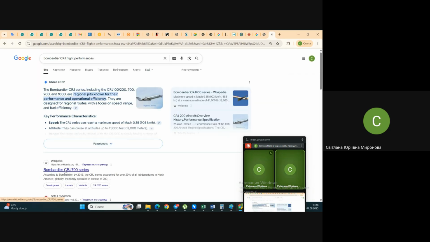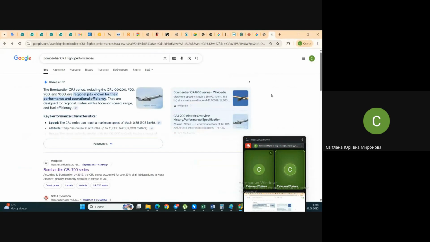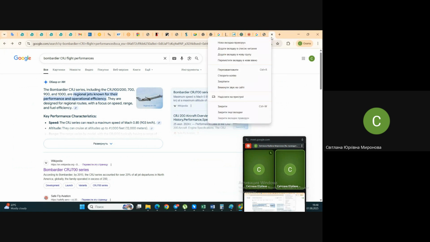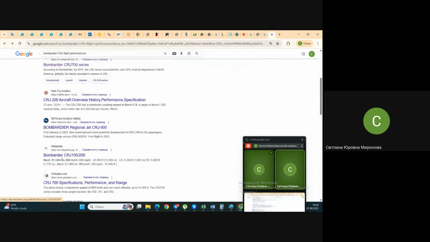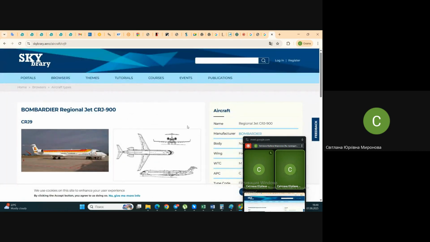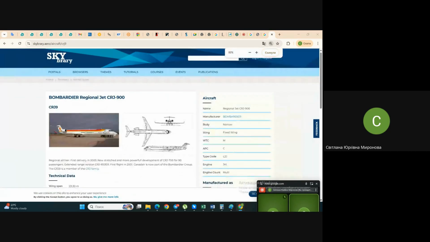The copy is typeless. Bombardier CRJ flight performances, and it's proposed to follow. Note here is Sky Library Aviation Safety. Not sure it's working. Yes, it's available. Happy me.